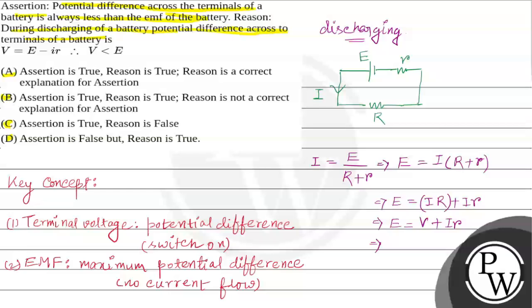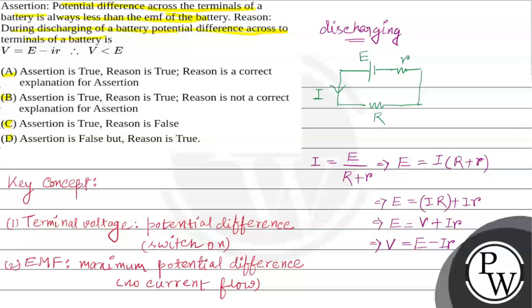So in case of discharging, we can write that V equals E minus Ir, that is terminal voltage equals EMF minus potential drop due to the internal resistance.